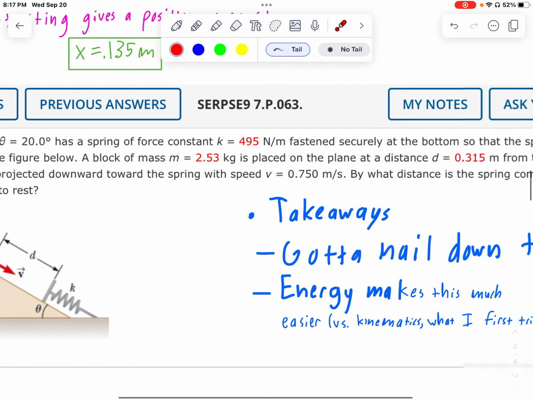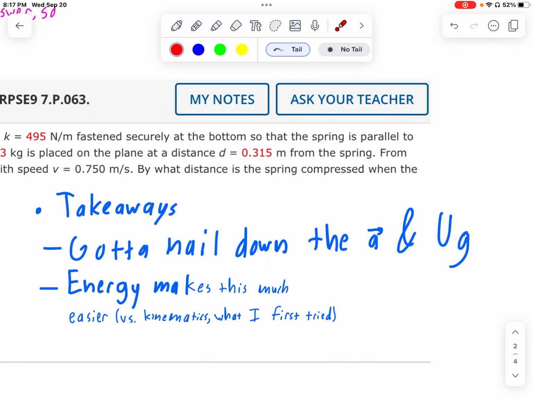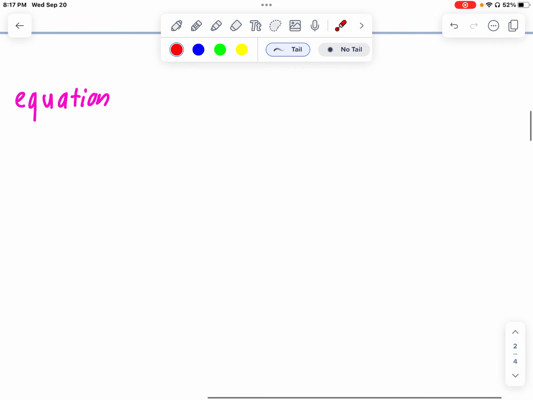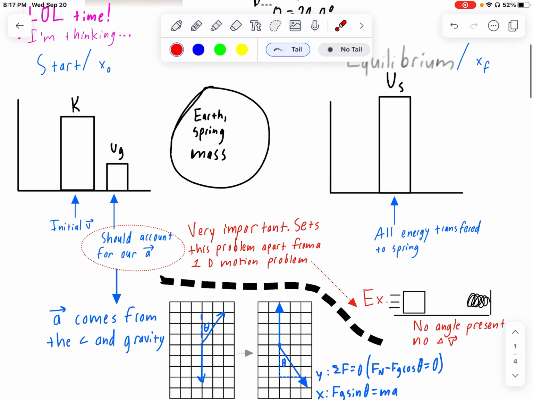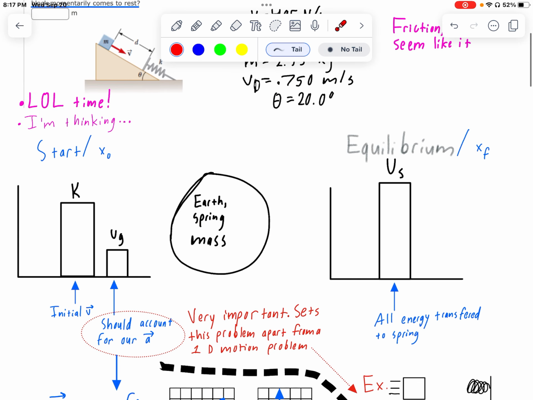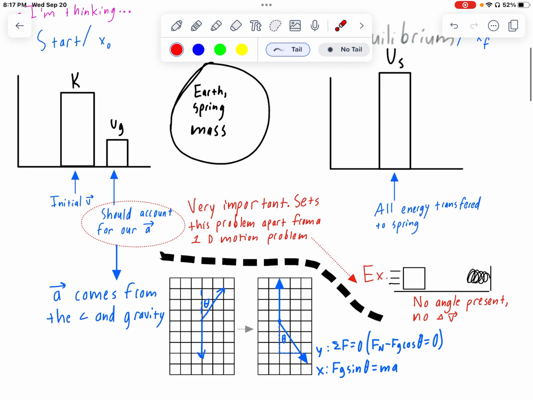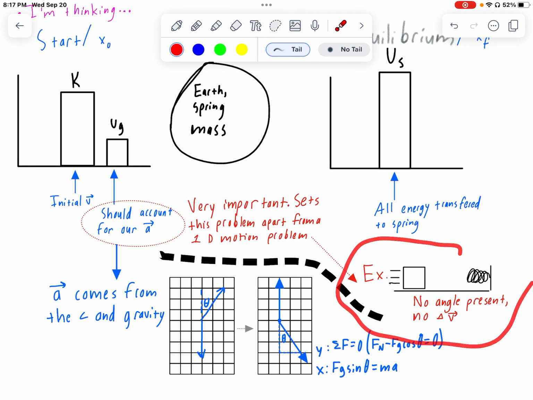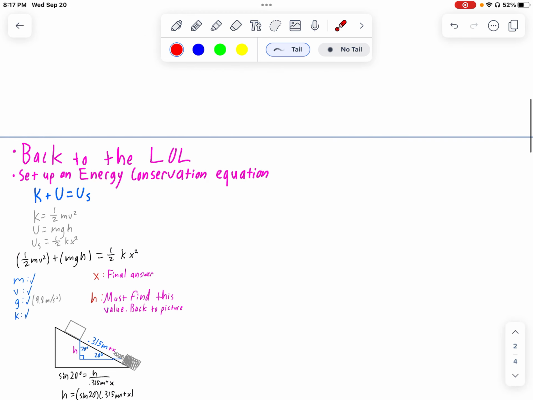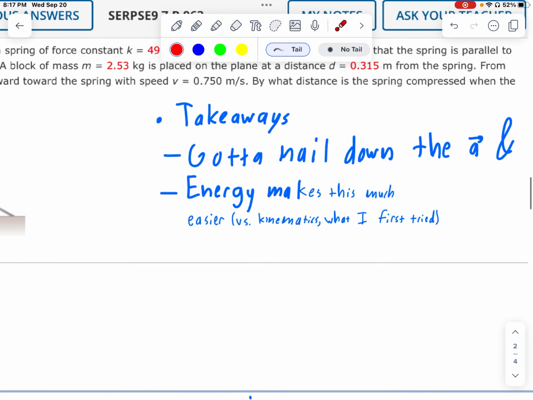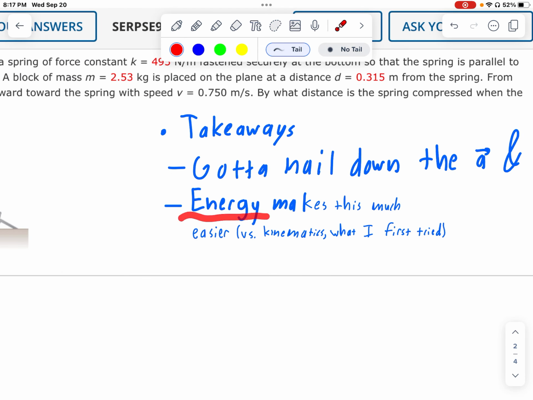Everything's all good. So here are some takeaways. You really have to nail down the acceleration and the gravitational energy. I definitely talked a whole lot about that, so there should be little confusion. And when you understand how it's different from these simpler problems, it makes it a lot easier to understand. And the energy equations make this much easier versus using the kinematics.